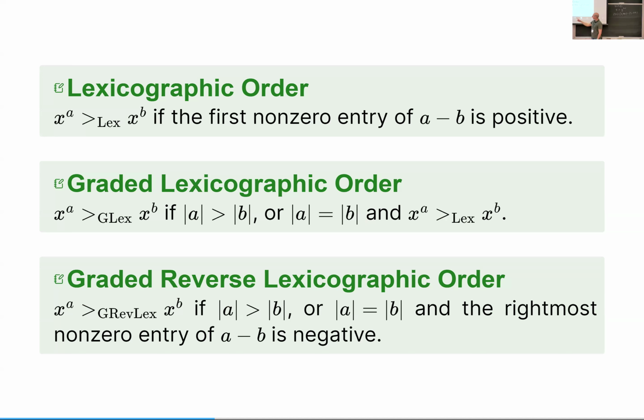But then, if the two monomials have the same total degree, you look for the rightmost non-zero entry of the difference of the exponent vectors and ask that it be negative. So I'm going to show you a slightly bigger example to hopefully make sense of this.